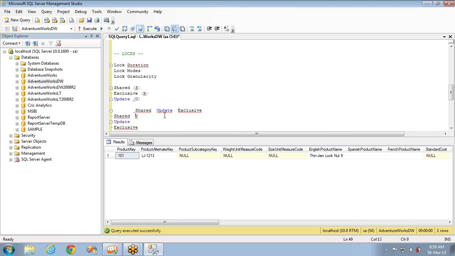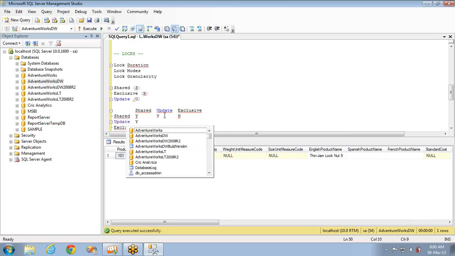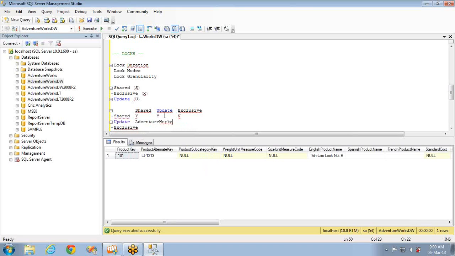True. And a shared log can be set when another resource has set an update log. Yes, you can set it. A shared log can be set when an exclusive log is there? No, we cannot set that. Now, when an update log is there, you can have a shared log. Yes, we can set it.